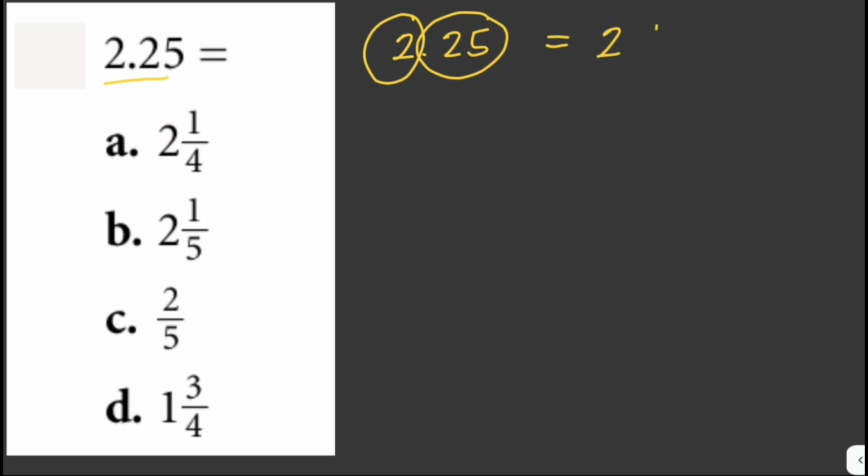So this can be written as 2 plus 0.25. We can leave 2 as it is, and then convert the decimal into a fraction. Since this involves a whole number, our fraction would be a mixed fraction. So let's convert 0.25 into a fraction.